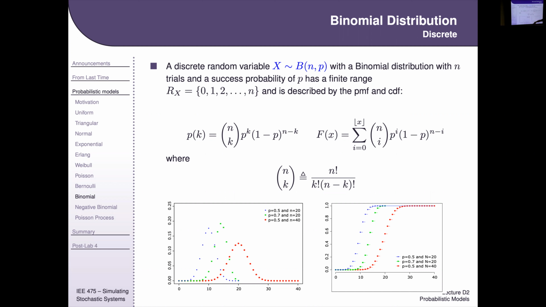If my probability is 0.5 and my number of trials is 20, those are the blue dots. Those online, this peak here, we can see there's a certain distribution that is peaked, or its mode is at 10.